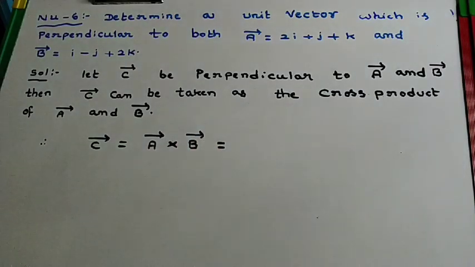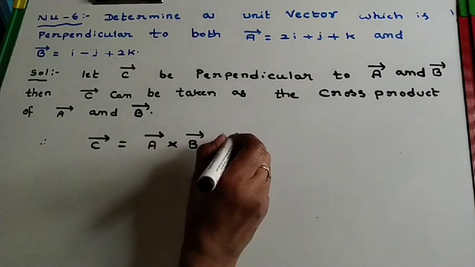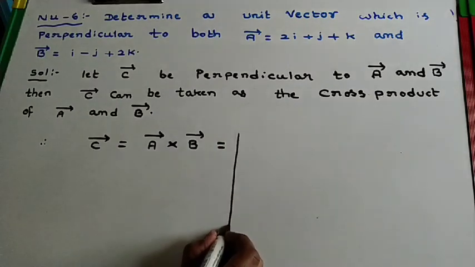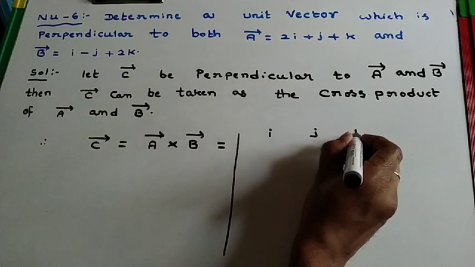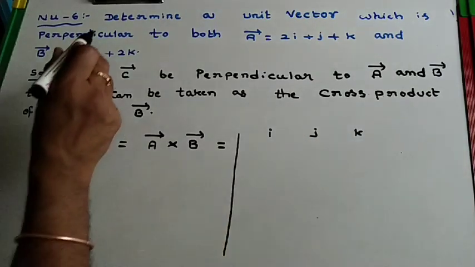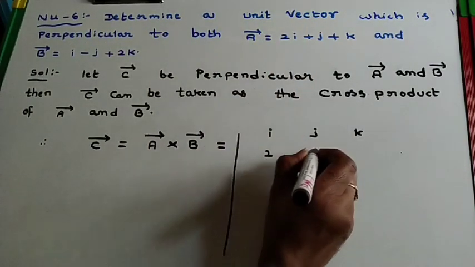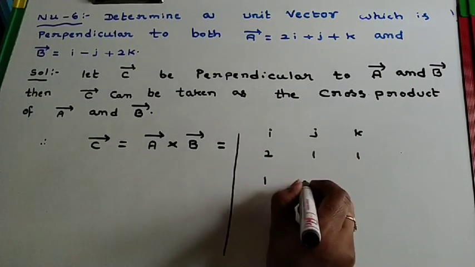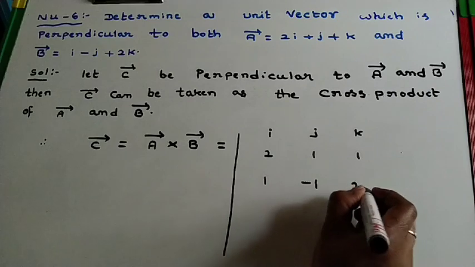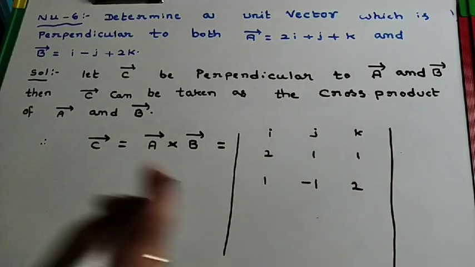That is equal to i j k. What is A? 2 1 1. What is B? 1 minus 1 2.